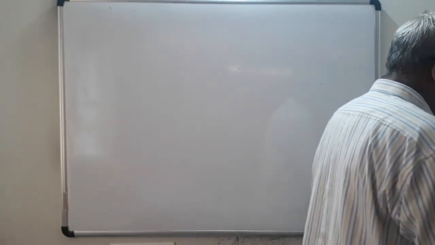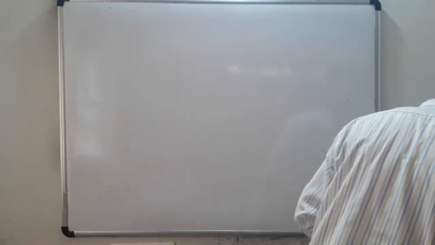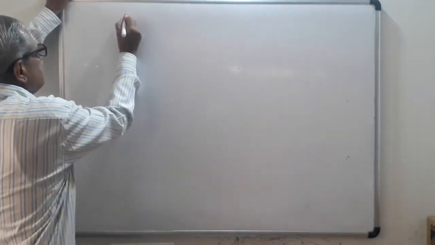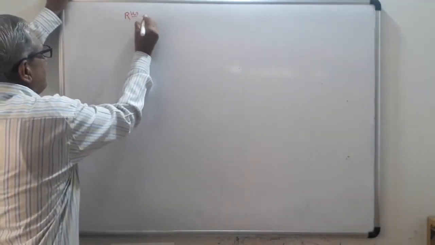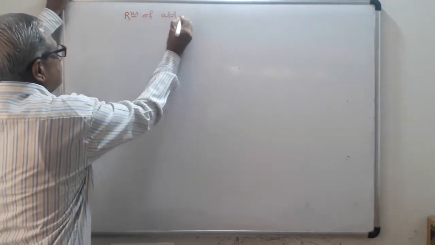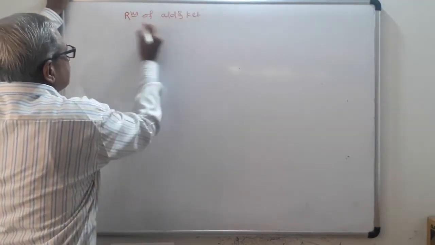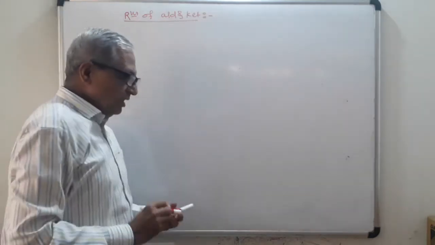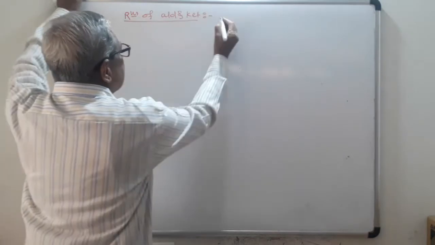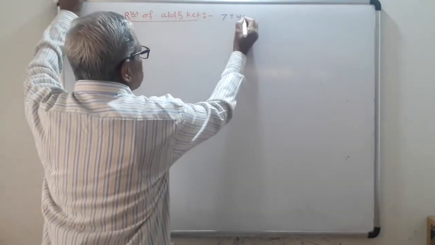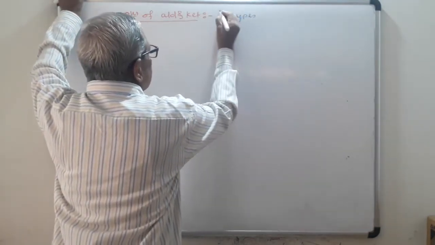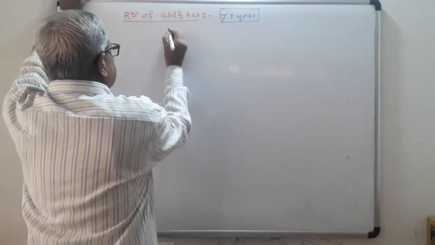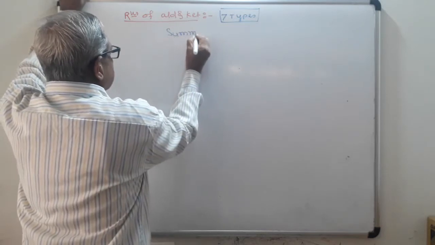Aldehydes and ketones undergo 7 types of reactions. So I will give the summary of those 7 types of reactions.